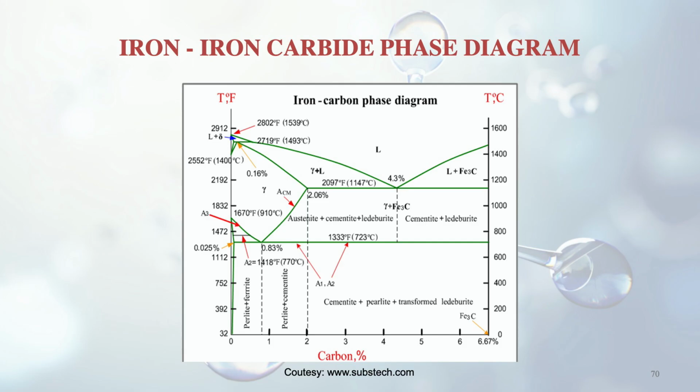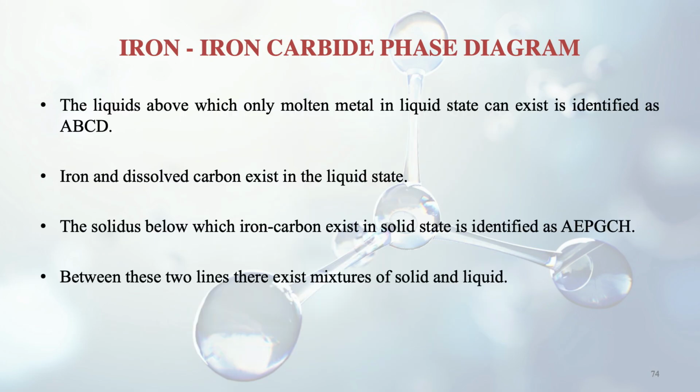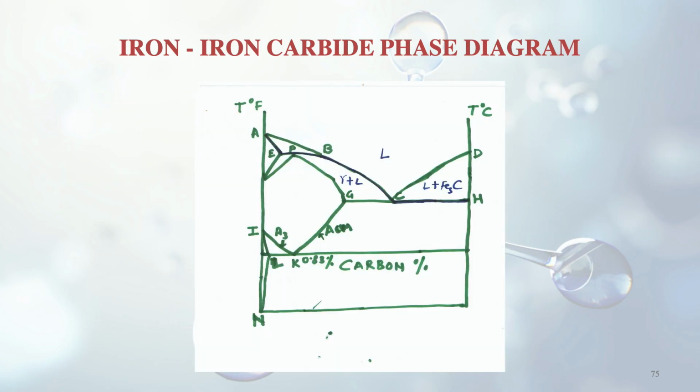That's why this line is also known as the solidus line. Between these two lines there exist mixtures of solid and liquid, like you can see the gamma plus L. Gamma refers to austenite and L refers to the liquid. So it's a mixture, solid and liquid both are there.